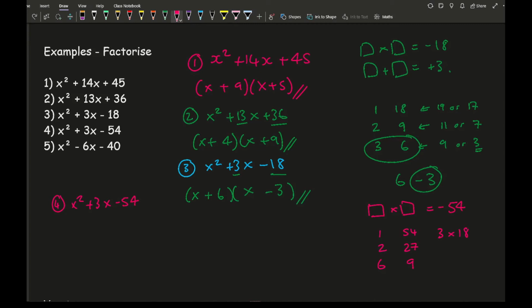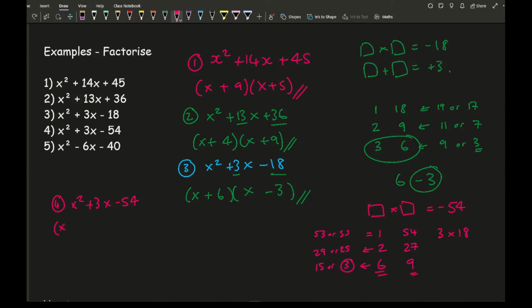So looking at these pairs of numbers, are there ways I can make 3? Here, using this pair, I can either make 53 or I can make 55. With this pair, either I can make 29 or I can make 25. With this pair, I can either make 15 or I can make 3. And again, here I've got my 3, so it's going to be using these two numbers.